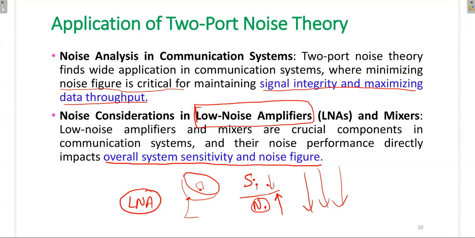From that signal we have to get some significant information. So when we are doing the processing and demodulation procedures, we should not add extra noise in that. So low noise amplifier finds application where we need to operate with low level power signals.